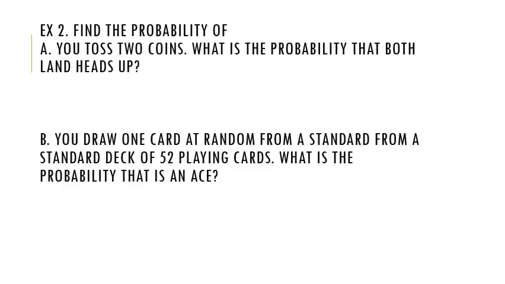Alright, so let's go ahead and do an example. Find the probability of A. You toss two coins up. What is the probability that both land heads up? So if we go ahead and take a look at our two coin sample space, that was this sample space.